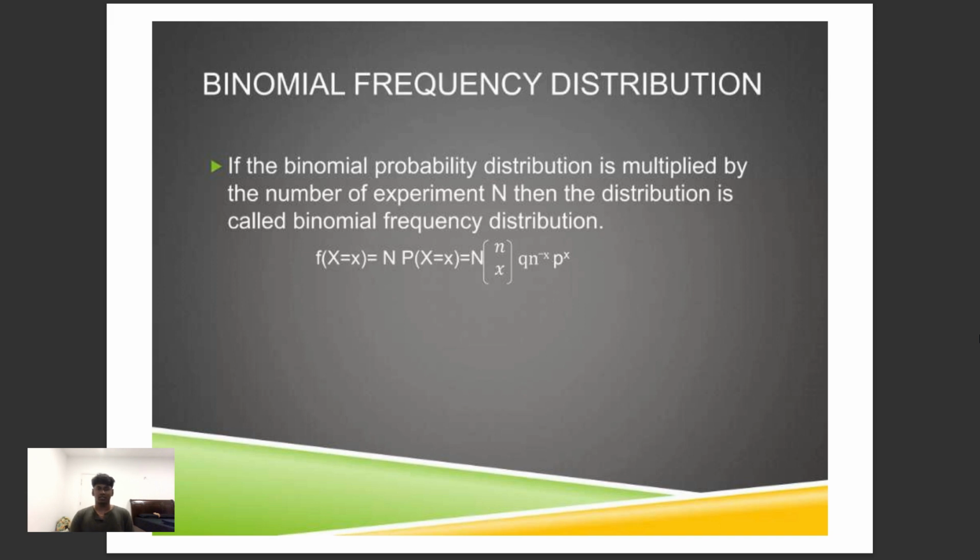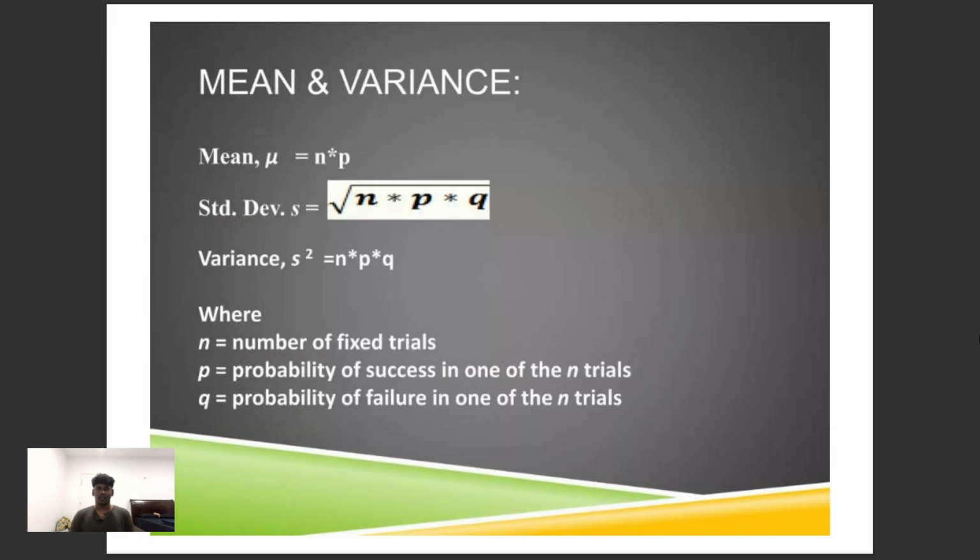Binomial frequency distribution. If the binomial probability distribution is multiplied by the number of experiments n, then the distribution is called binomial frequency distribution. Mean and variance. Mean, mu, is equal to n multiplied by p.